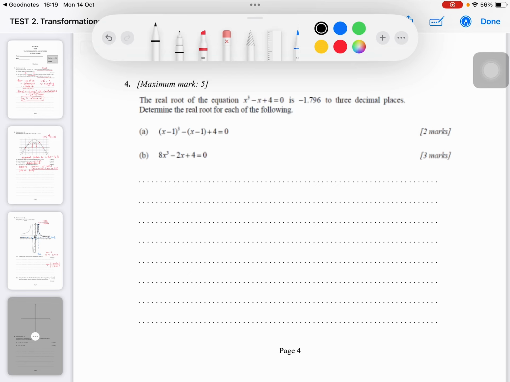x cubed minus x plus 4 has this real root, -1.796. Compared to this one and this one, what is changed, which is x. It was x, but now we have x minus 1. So we can tell if we have the function of x cubed minus x plus 4, now we have 1 unit to the right.